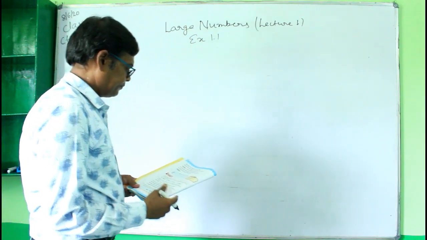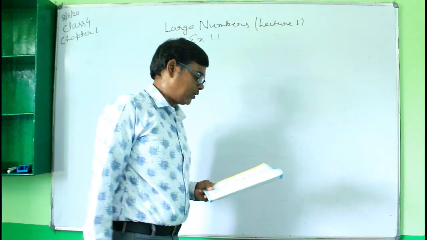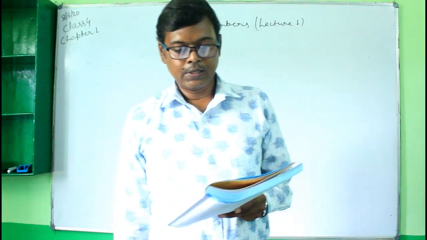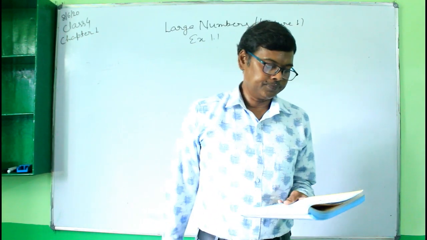In this question number 1, write the given numbers in a place value chart and give the place value of the colored digits.